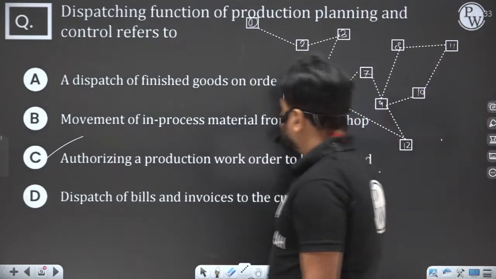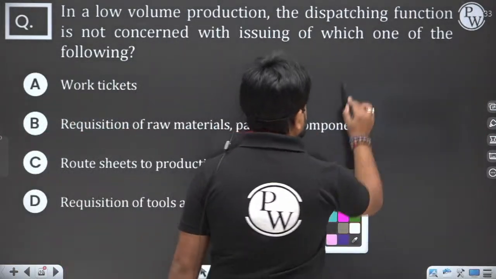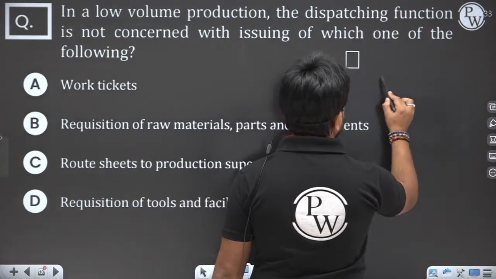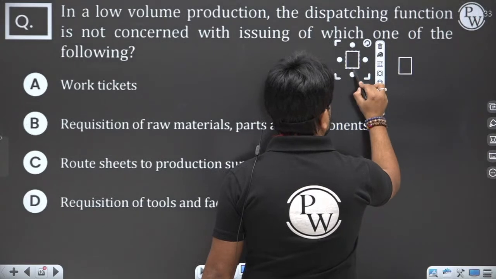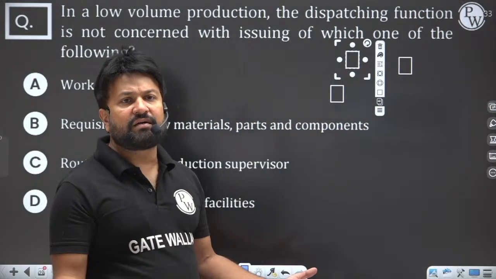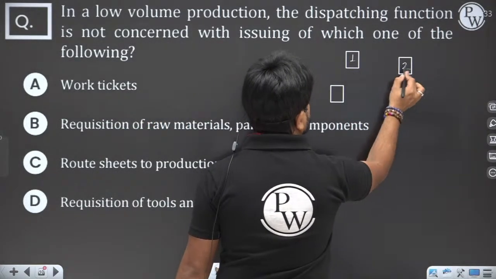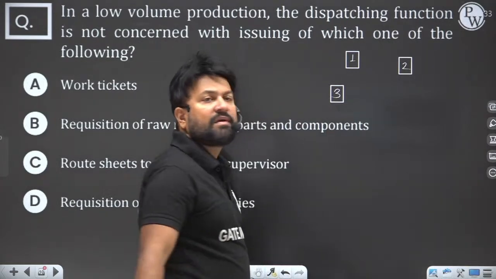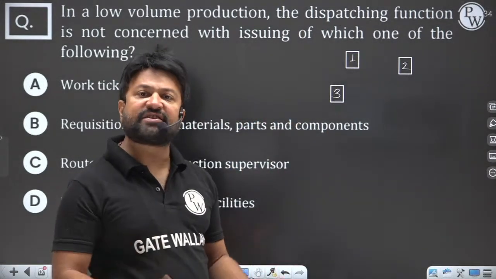Now, suppose there are fewer shop floors, only 1, 2 and 3. Suppose that there is a low volume production. In low volume production, only a few shop floors are there. These two or three shop floors know each other.